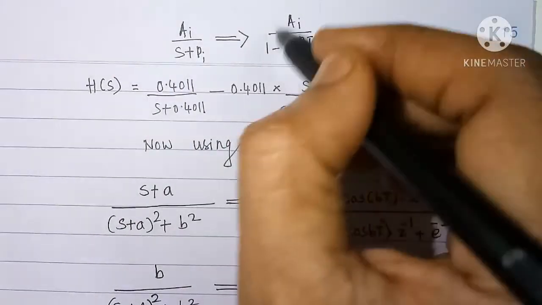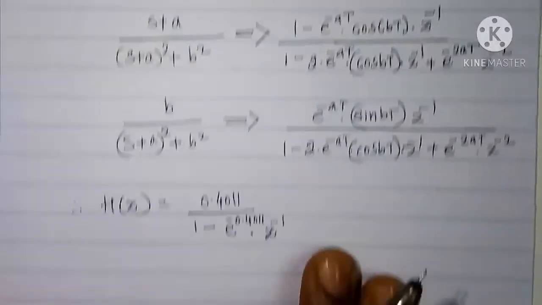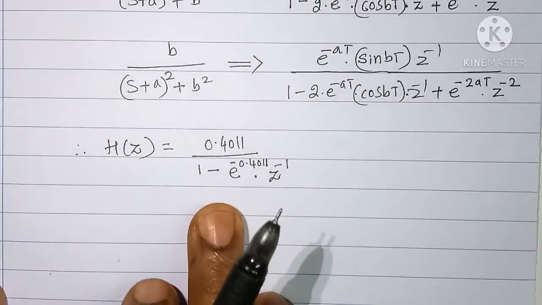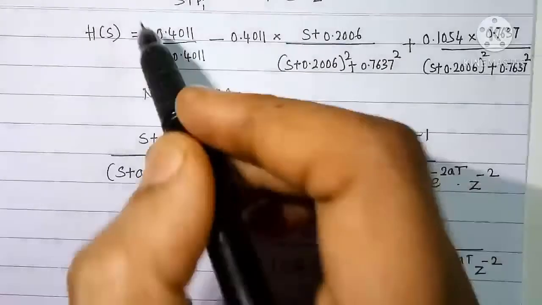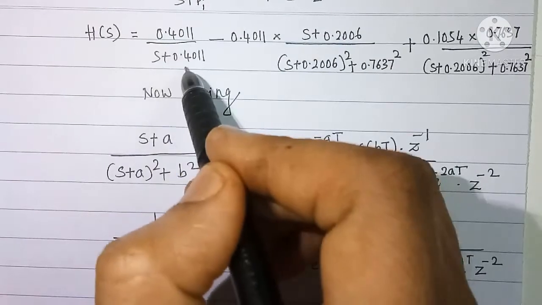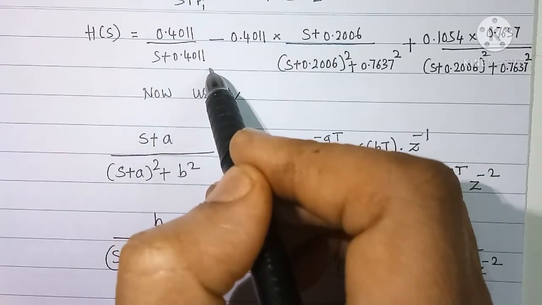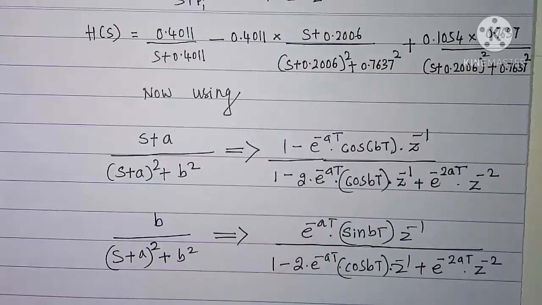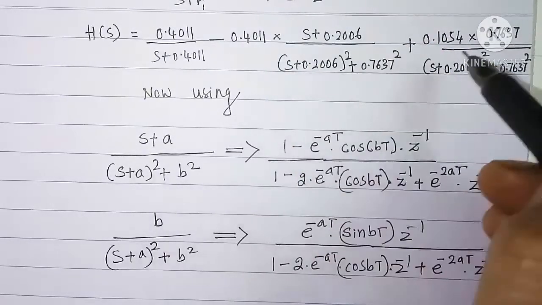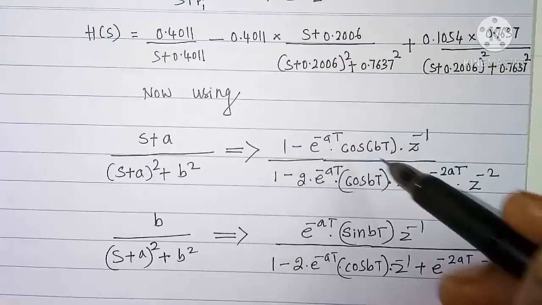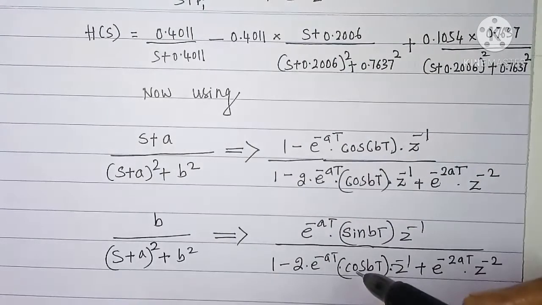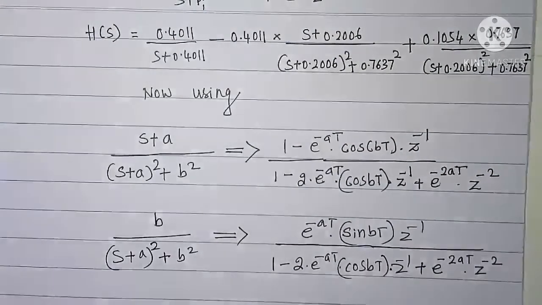So using this relationship, we are writing for z transform of 0.4011 upon s plus 0.4011. And for these second term and third terms, we'll make use of these standard relationships.